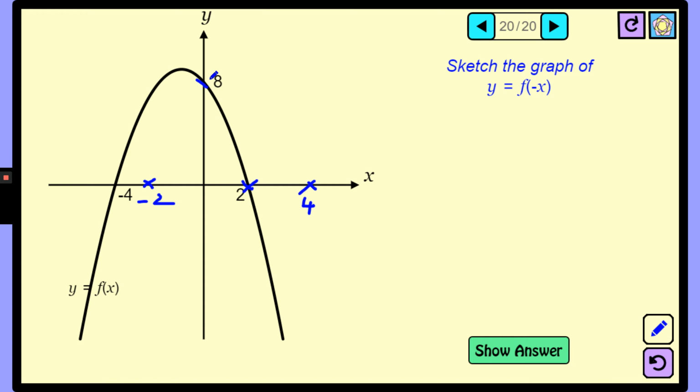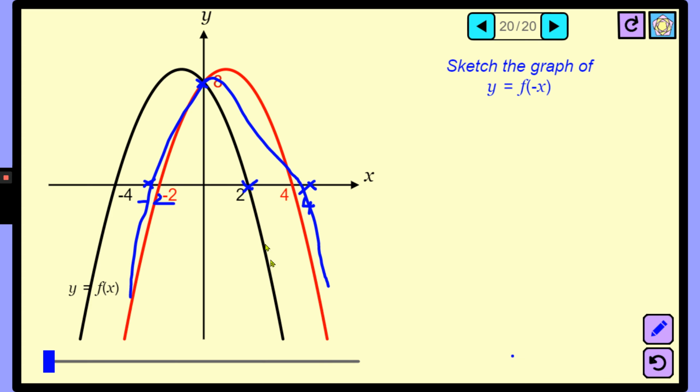That 8, so the x value is 0, so that stays as 0. The 8 stays as it is. So then you end up with another graph that should look something like that, which I've just sketched out, but if I were to draw it a bit more accurately, you can see that's what you should get. Okay, so that's like a quick mini whiteboard activity.